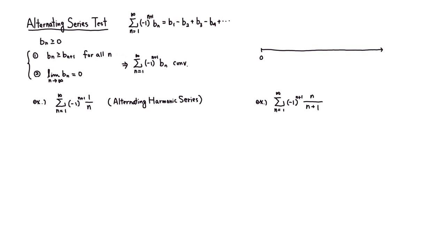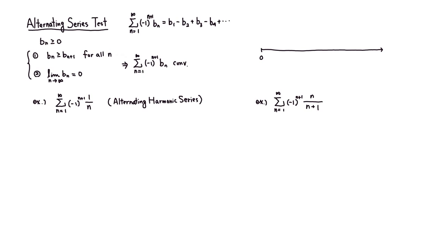All right, let's look at the alternating series test. An alternating series is a series where the terms alternate signs. So first, let's say the first term is positive, the second term is negative, the next one is positive, negative, and so on.